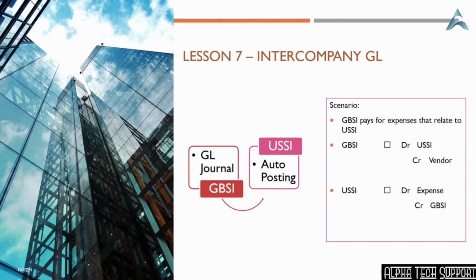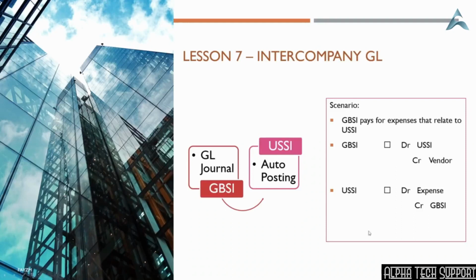On the flip side, or in the books of USSI, they will record that hotel expense as an expense in their P&L. But on the credit side, they do not really select the hotel vendor as the vendor that they need to pay the invoice for. Instead, they will say, this is an amount which we need to pay back to GBSI as an intercompany transaction.